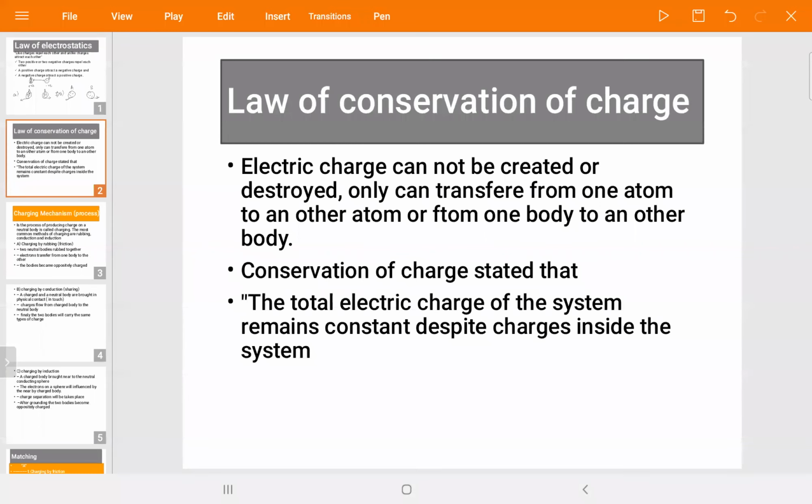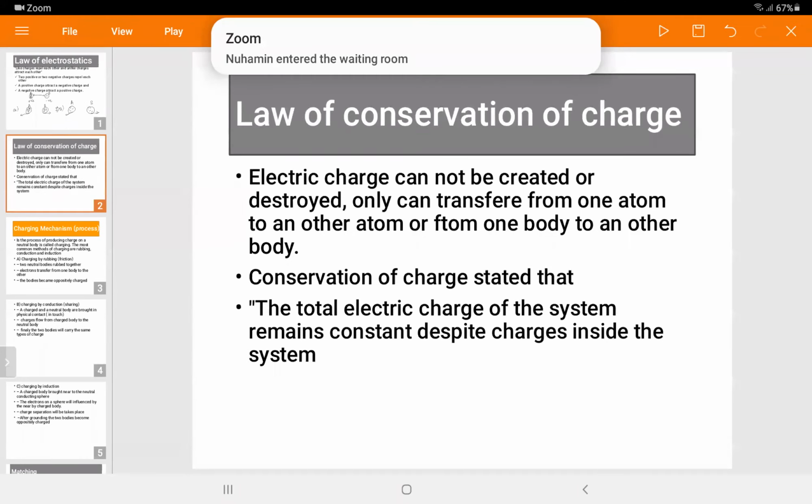But the amount of charge of the system remains the same. There will be a transfer of electrons, or transfer of charge, from body A to body B, but it doesn't mean that we have created a charge or created an electron.